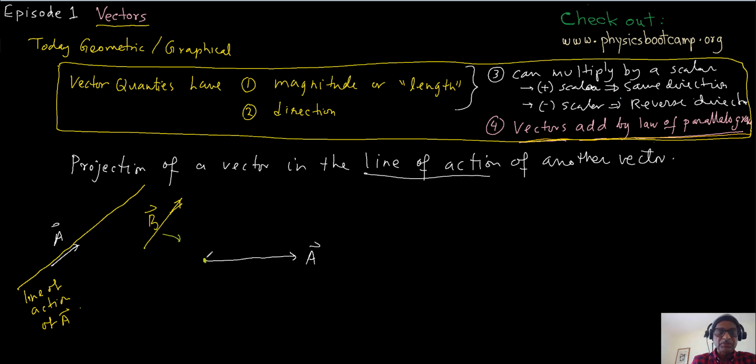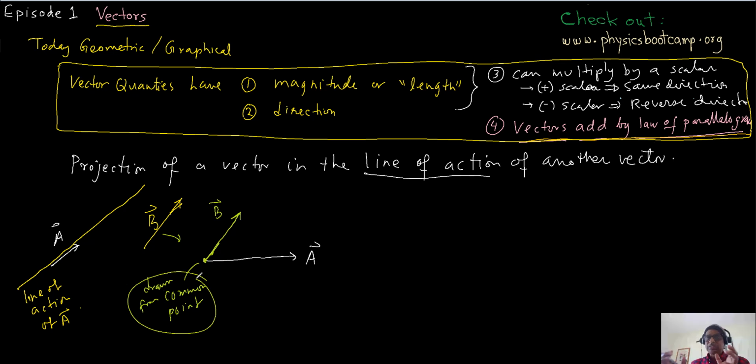So I'm going to translate this, go all the way here, draw in the same direction, from the common point. And this is important. Sometimes people just don't do this and they get pretty confused. You draw it from the same point.